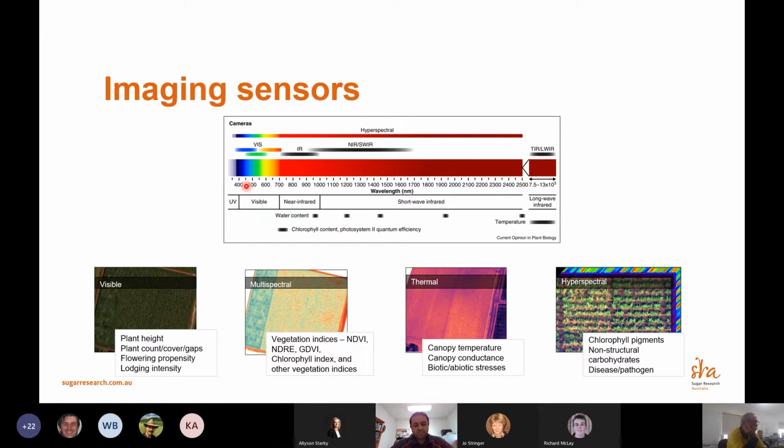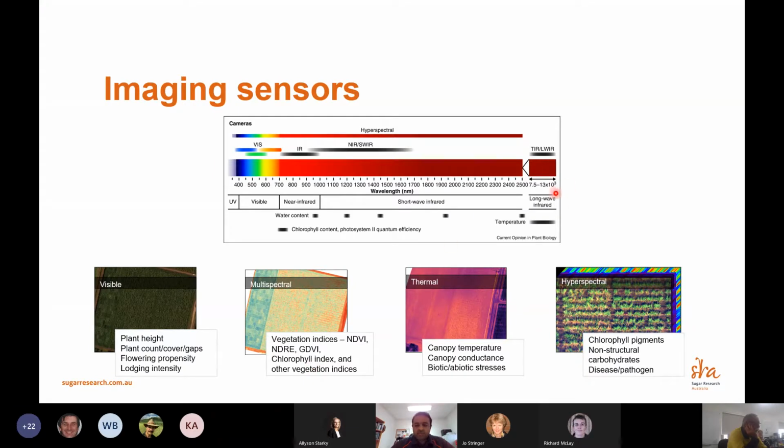For example, from the visible region, we can understand more about the structural characteristics, such as plant height, the flowering, etc. And by measuring reflectance in the multispectral region, or in the shortwave infrared and the NIR region, we can generate vegetation indices such as NDVI or NDRE or chlorophyll indices, which is an indicator of the plant health and also the photosynthetic capacities of the plant.